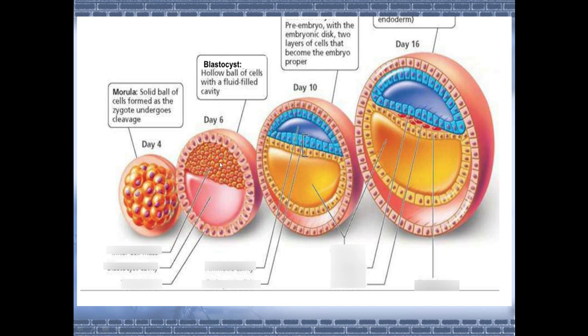It forms a bilayered structure, epiblast and hypoblast, and the two cavities, one on the superior aspect, another on the inferior aspect. This is known as the amniotic cavity. Below is known as the primary yolk sac. All these are formed by the activity of the inner cell mass. Yes, good.